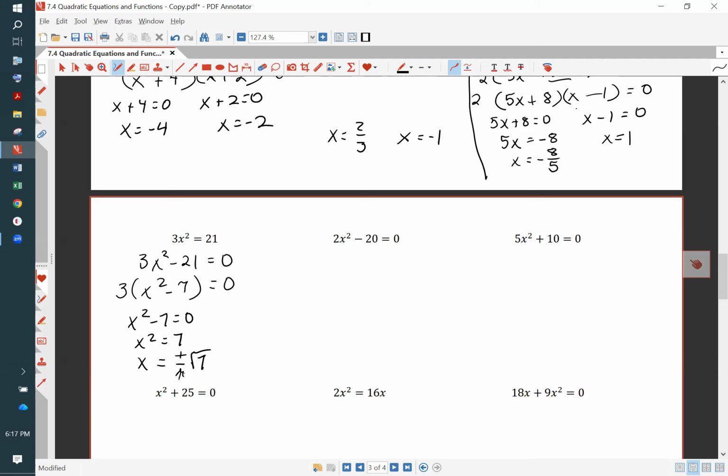Is it plus or minus the square root of 10? That's what I got. Me too. Me three. Okay, so I'm assuming I don't need to do any of the work there. Yes. Okay. Here we want to factor out a 5 and have x squared plus 2 equals 0.